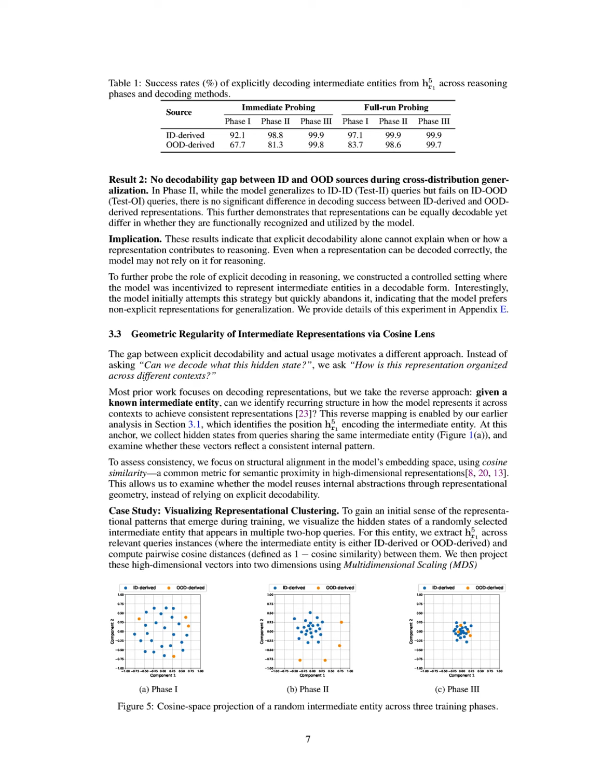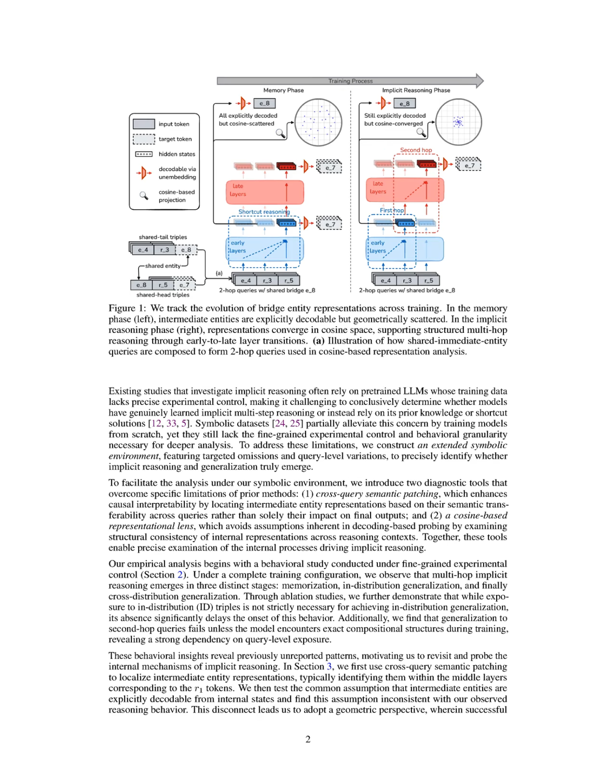This approach allows for the identification of how the model organizes and reuses internal abstractions, rather than relying solely on explicit decodability. Together, these tools enable a comprehensive examination of the internal processes that drive implicit reasoning in LLMs.